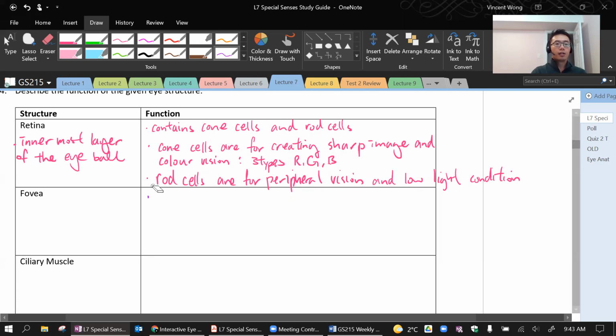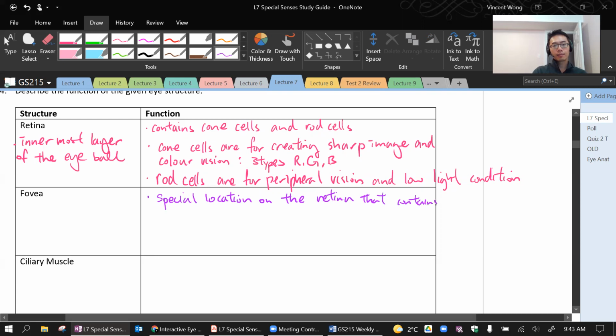Fovea. Fovea is a special location on the retina that contains the highest density of cone cells.